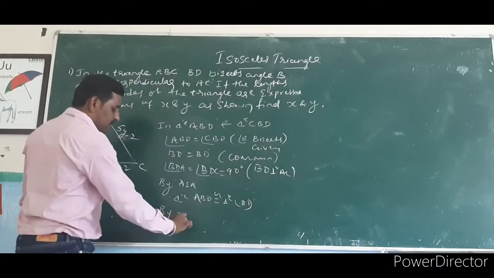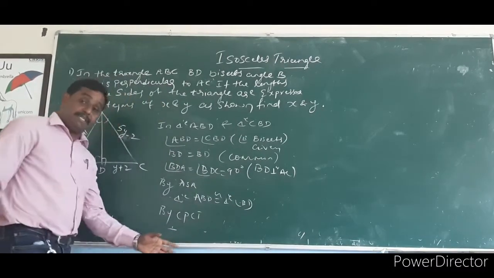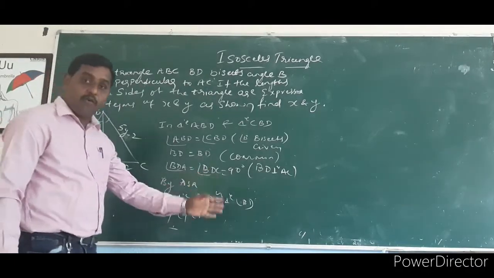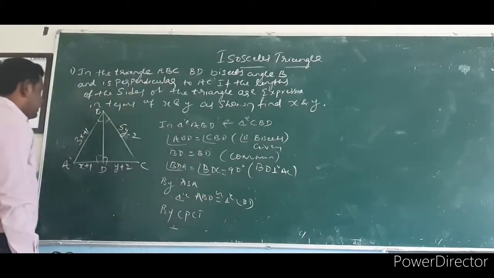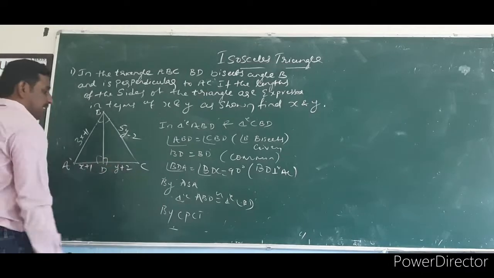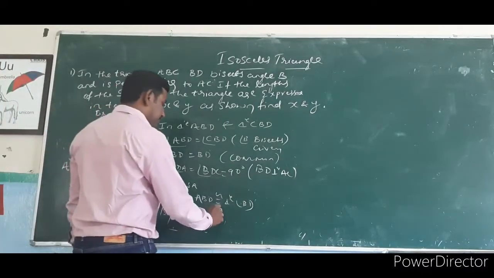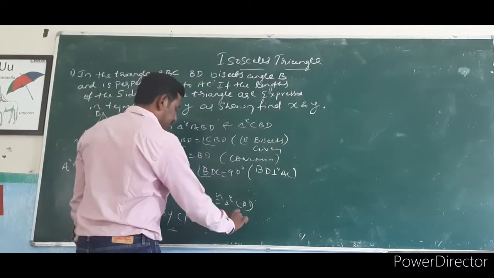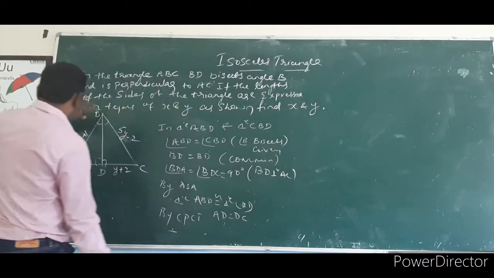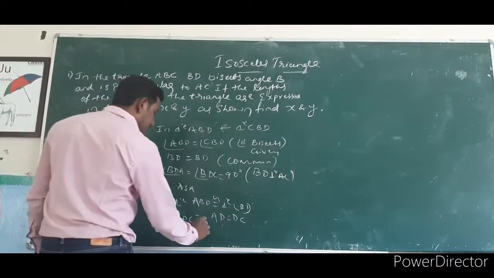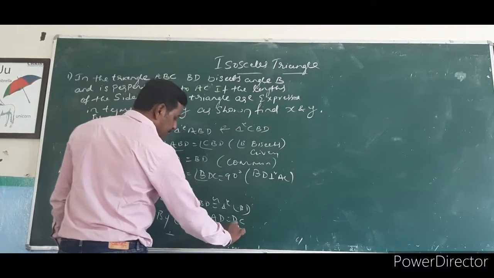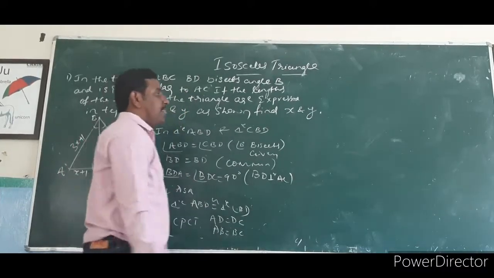If two triangles are congruent, then by CPCT, corresponding parts of congruent triangles, AD is equal to DC, and AB is equal to BC.